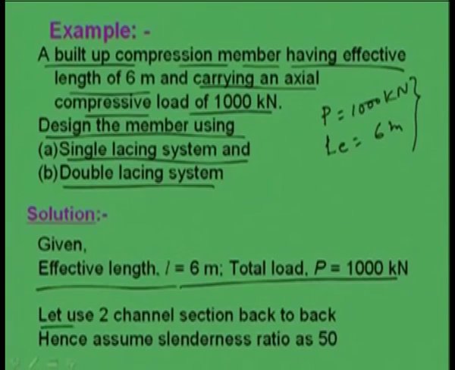The sections which are available in the market, on that basis we generally choose. Now, let us say we are choosing two channel sections back to back. So, this is the first criterion we are assuming.